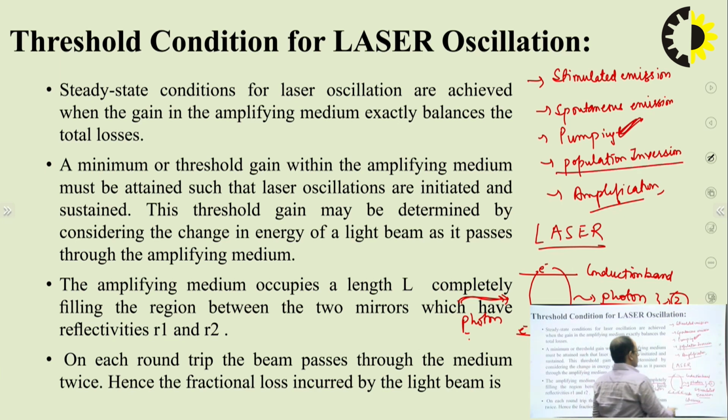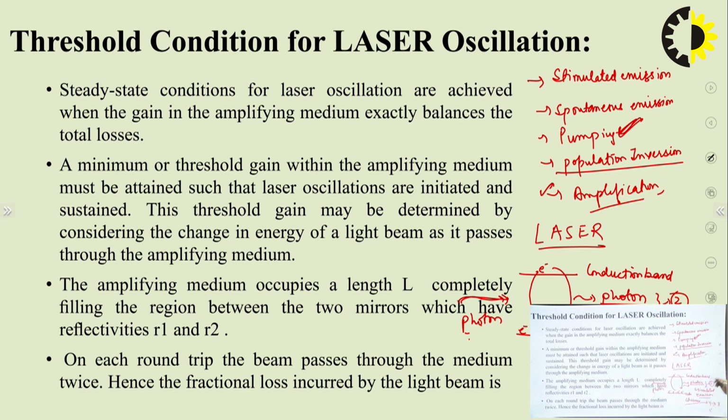Clear? Now when these photons further strike the two electrons in the conduction band, what will that produce? 4 photons. And when these 4 photons further strike the electrons in the conduction band, this will produce a total of 8 photons. So this is known as stimulated emission, and due to this we can achieve amplification.